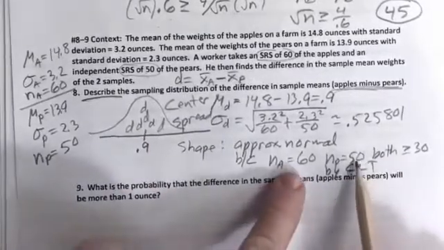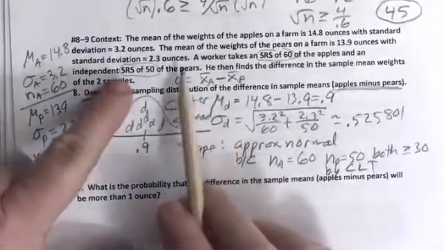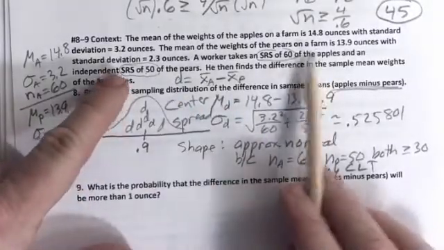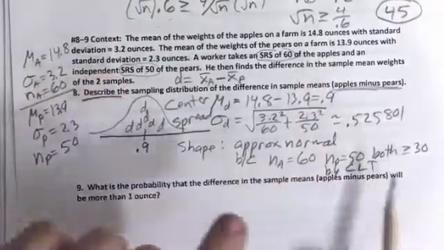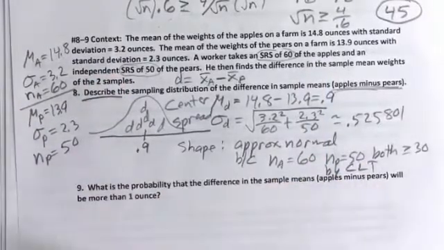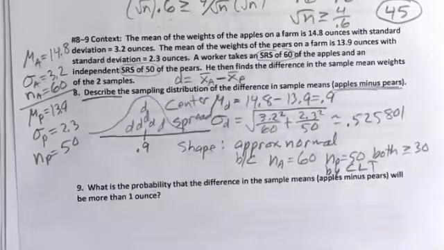Both these numbers have to be bigger than 30, or it has to say up in the problem that both populations vary approximately normally. You have to have one of those things to be true. If one of these sample sizes was below 30 and it didn't say that the populations vary approximately normally, then you wouldn't have normality. So by saying it's approximately normal, that takes care of the unusual values as well.